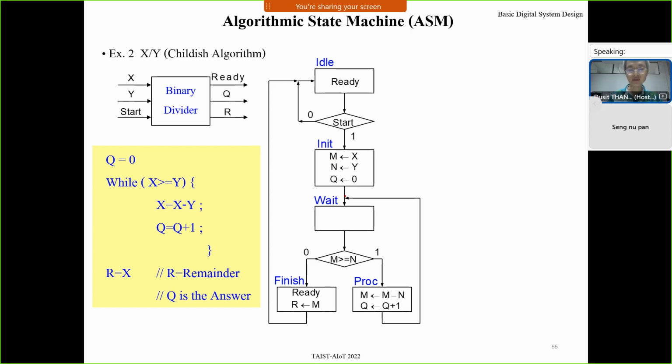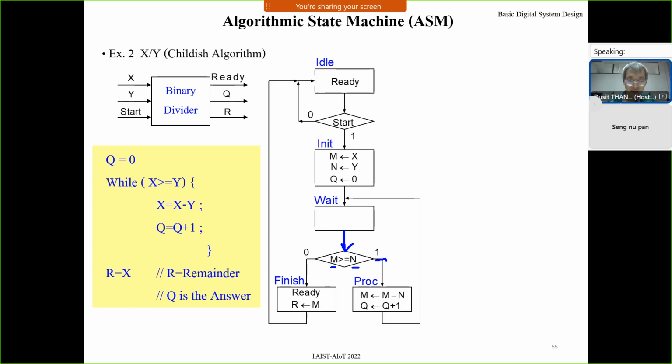Just wait. When the clock ticks, it goes to state wait. For state wait, do nothing, just wait. Wait for what? Wait for loading data from x, y to m, n and clearing the value of counter q completely. And then compare the values kept in variables m and n, whether this condition is true or not.